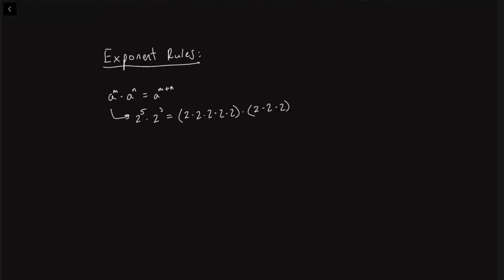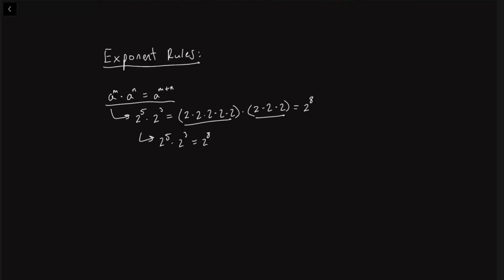So in total, because you can multiply in whatever order you want, we have 5 2's here times 3 2's there. So then this is all just the same as 2 to the 8, which we can also get from this formula. Right? 2 to the 5 times 2 to the 3 equals 2 to the 5 plus 3 is 8.